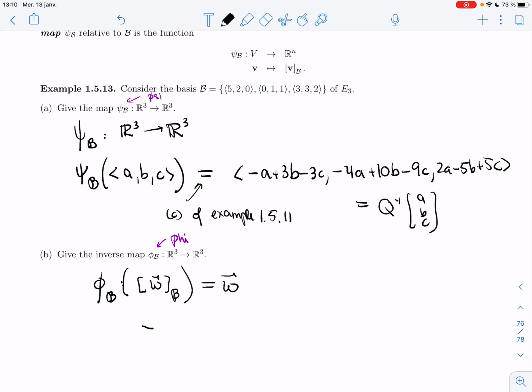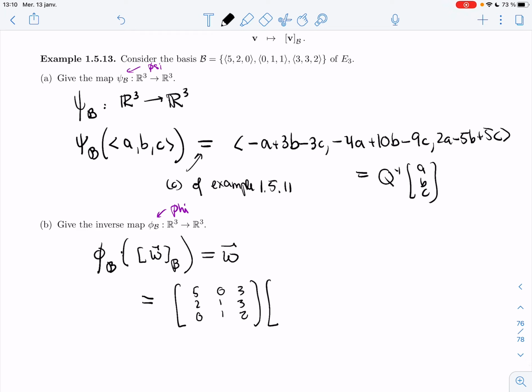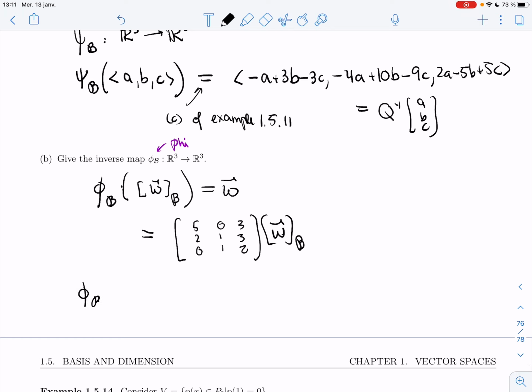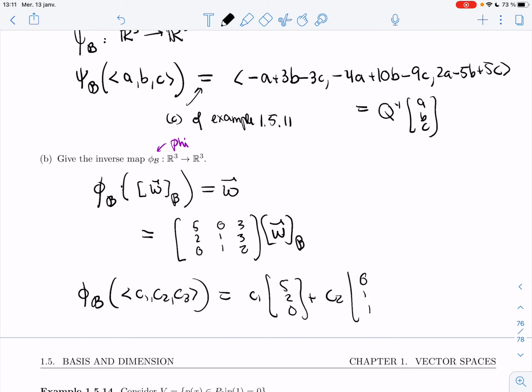That direction is easier because all you have to do is put the vectors here and then multiply by whatever components you have. And so more precisely, if I have a vector C1, C2, C3 here, I will get C1 times (5, 2, 0), plus C2 times (0, 1, 1), plus C3 times (3, 3, 2).